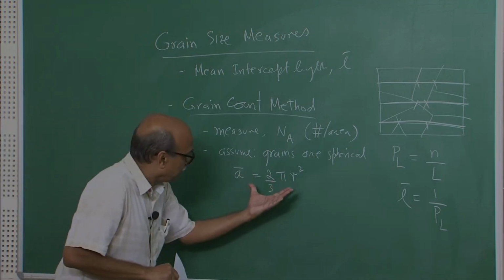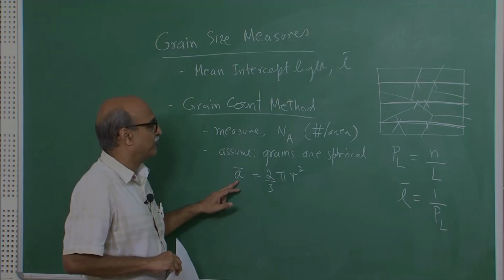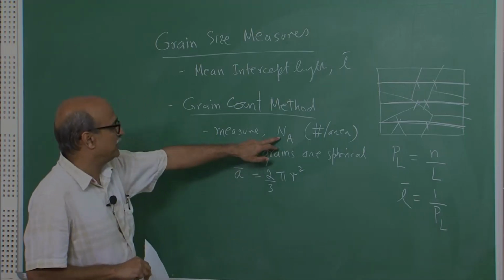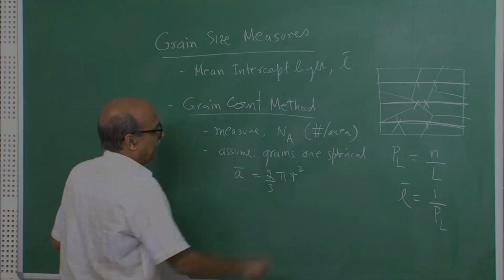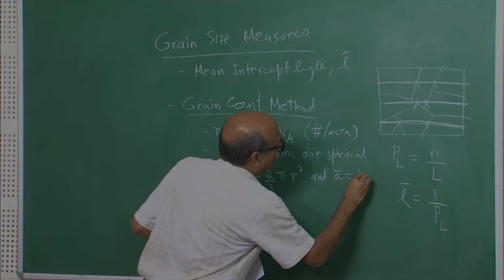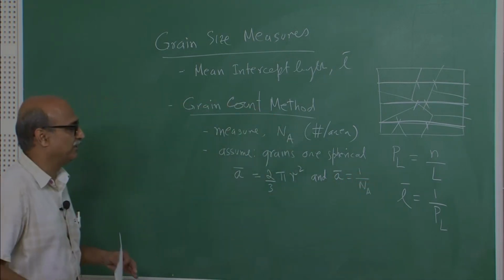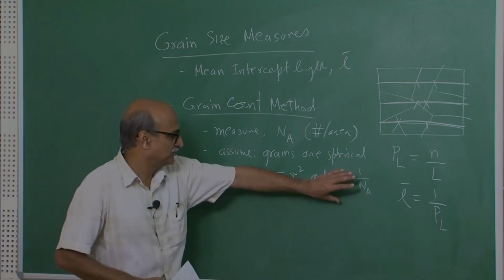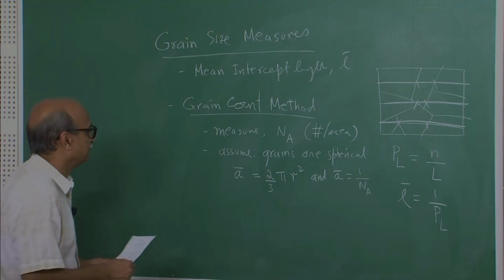And how can I get A bar, the average area of a grain? Well, I have already measured the number of grains per unit area, and hence A bar is nothing but 1 upon N_A, because in a unit area if I measure so many grains, the reciprocal of that would give me the average area of a grain.